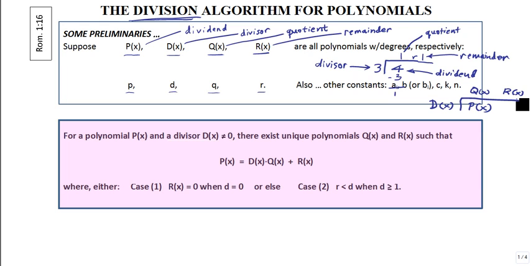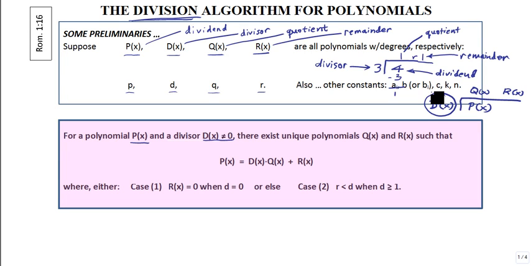So, now let's read the division algorithm for polynomials. It states that for a polynomial P having a divisor D different from 0, of course, this divisor has to be different from 0 for the very simple reason that division by 0 is undefined, right?